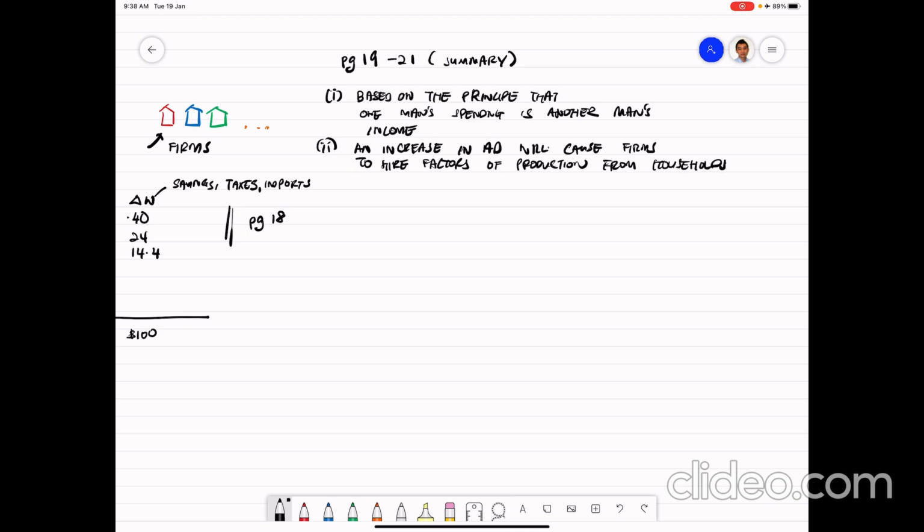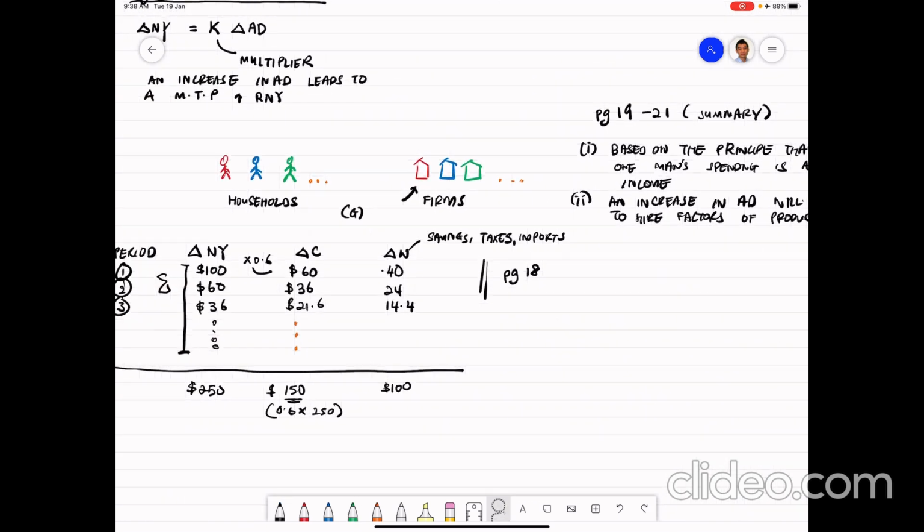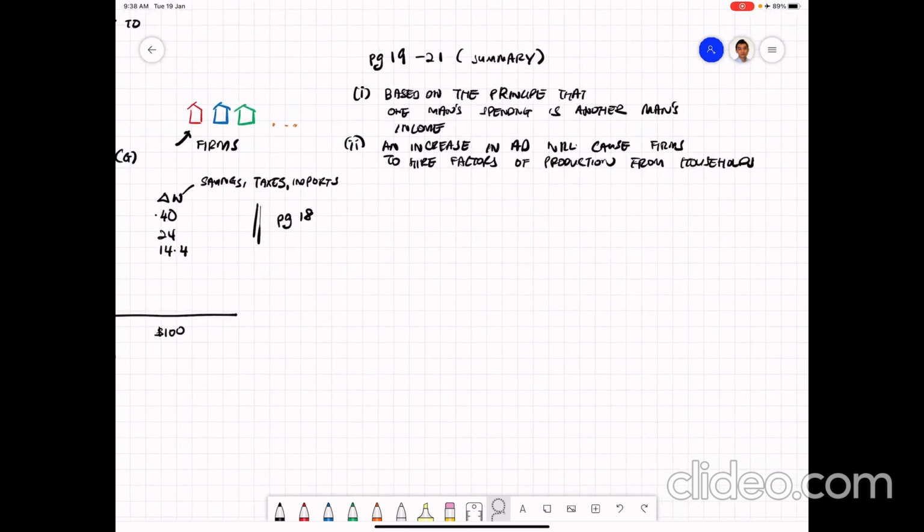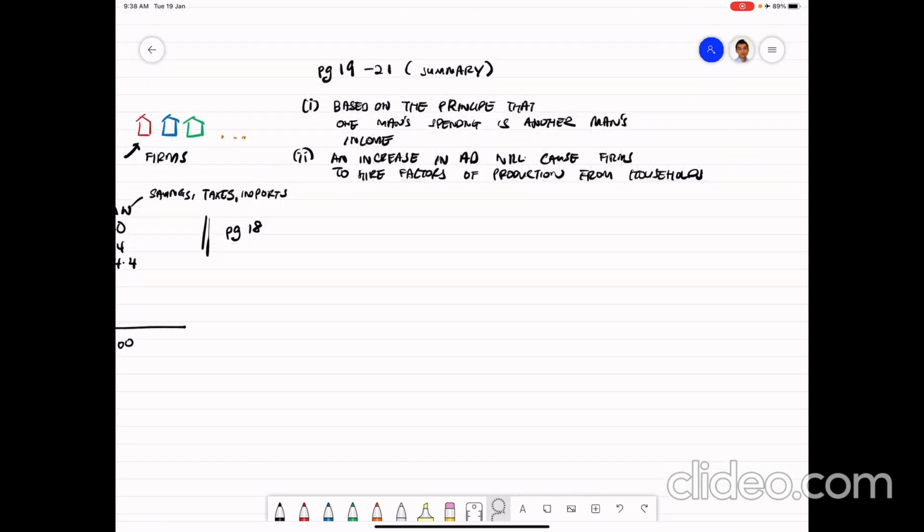So what does that mean? It means government hires a red firm, hires red man. Red man spends at blue firm. Blue firm would hire blue man. So the increase in AD will cause firms to hire more factors of production from households. So then the households will receive the income. Eventually the money goes back to the red man, the blue man, and the green man respectively.